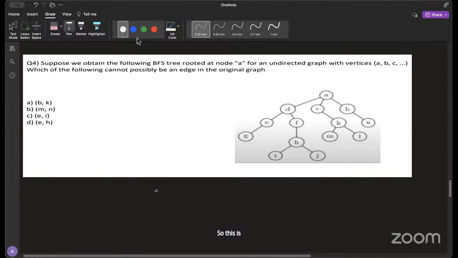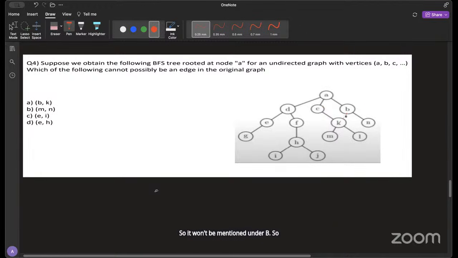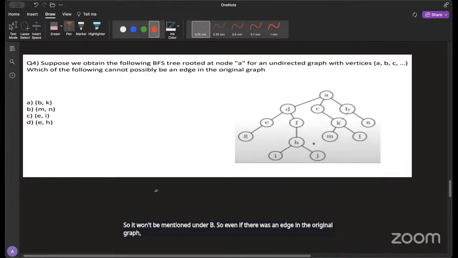So this is a BFS tree, and first is B and K. If you join B and K, now B and K can be a possible edge, right? Because even if K has been discovered under C, it won't be mentioned under B. So even if there was an edge in the original graph, that won't be a problem here. So BK can be an edge.